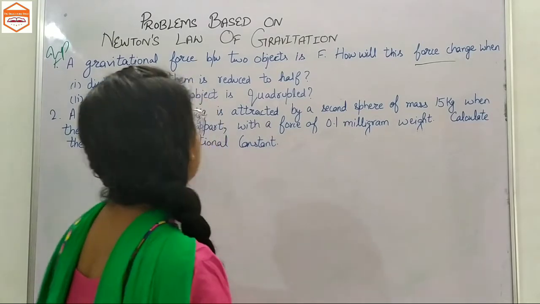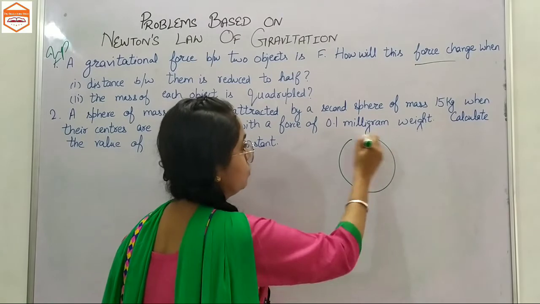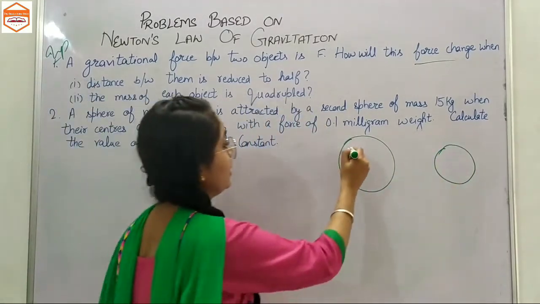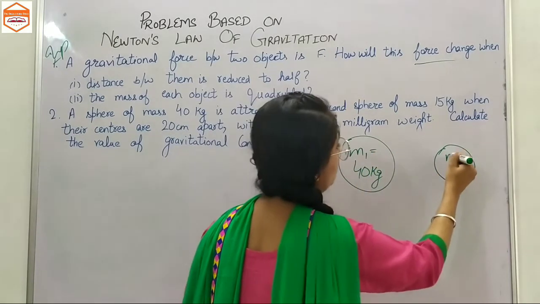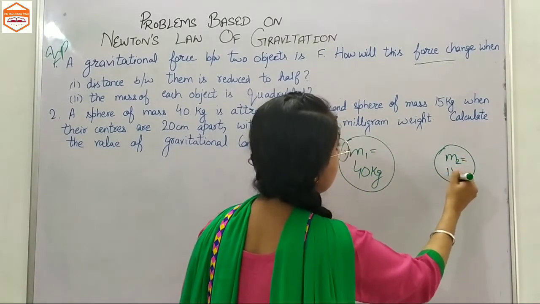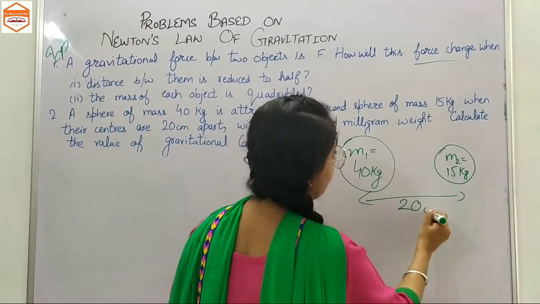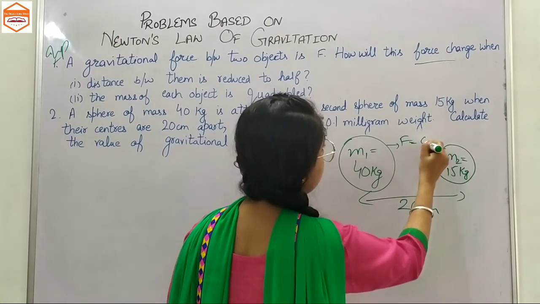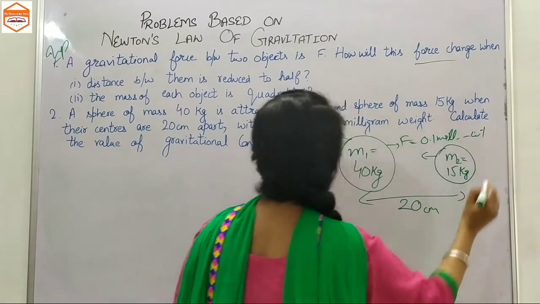Okay. We are provided with M1. We have two masses here. One is bigger and the other is smaller. We have M1 as 40 kilograms and M2 as 15 kilograms. The distance between them is 20 centimeter and the force of attraction between them is 0.1 milligram weight.